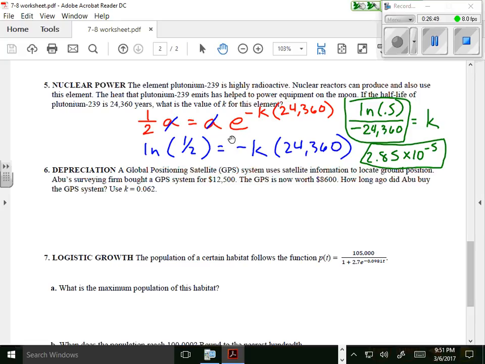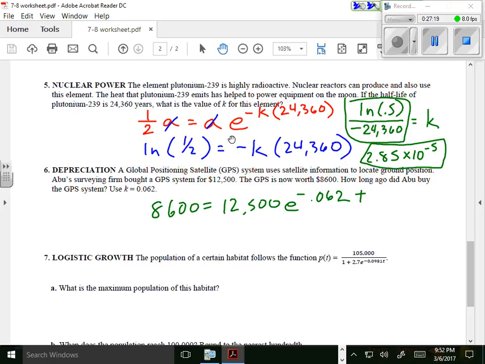So if it's now worth 8,600 and it was worth 12,500, and we want to find the time, and K is 0.062. This is a decay formula because it's decreasing in value. 0.062 t. We're going to solve for t.